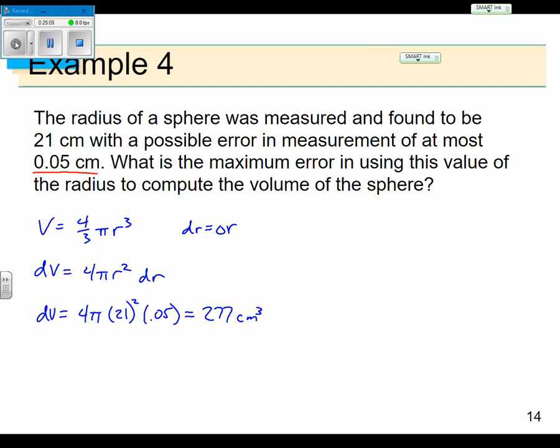That seems like a lot. It feels like we've messed up. How can the radius only be off by 5/100ths of a centimeter, but yet suddenly my volume's off by 277 centimeters cubed?